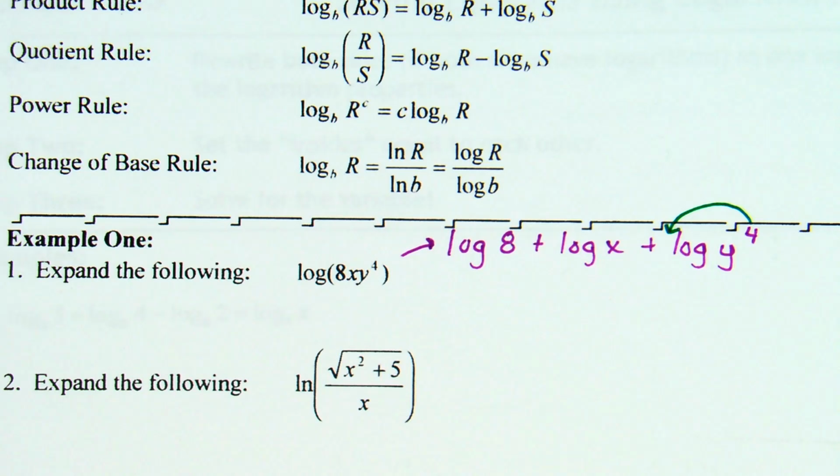Now, there's technically one other piece of this that we can also use the power property on. It's not as obvious because it doesn't currently have a power. But which of these pieces could be rewritten with a power that we could then use the power property on?